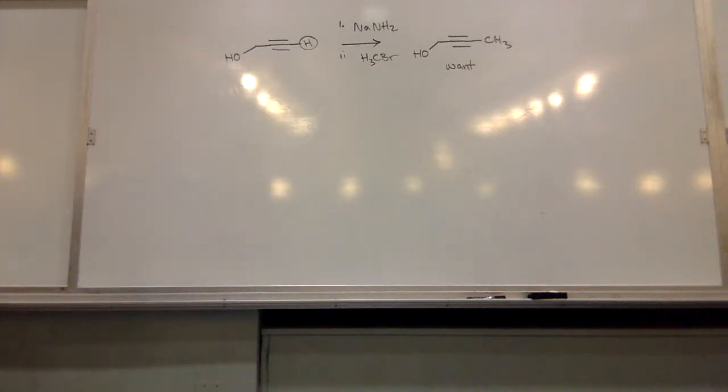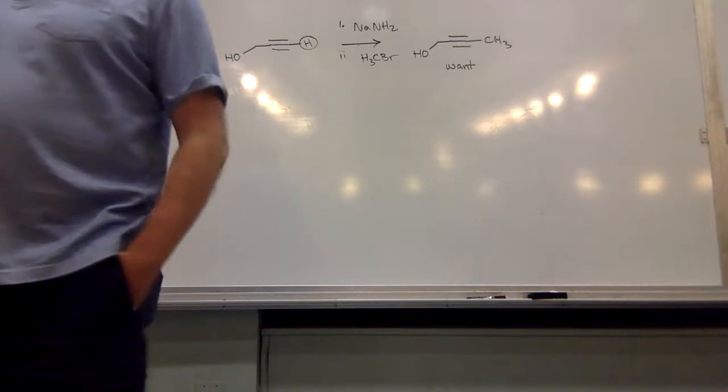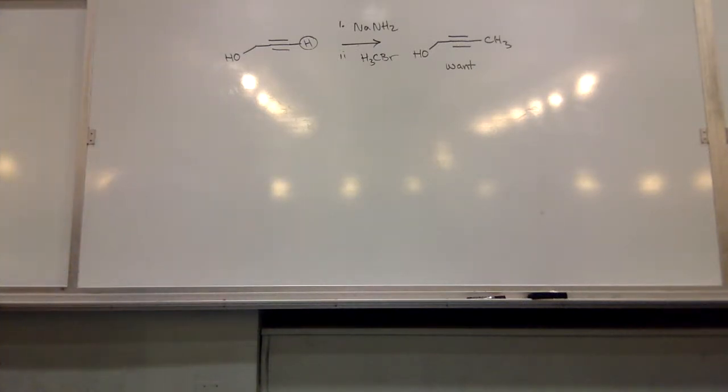So this gets to the idea of orthogonality, having a protecting group that might be special and work under an environment that may not affect too many other things. And really the go-to protecting group for alcohols, certainly not the only one, but one of the big ones, is silyl protecting groups.